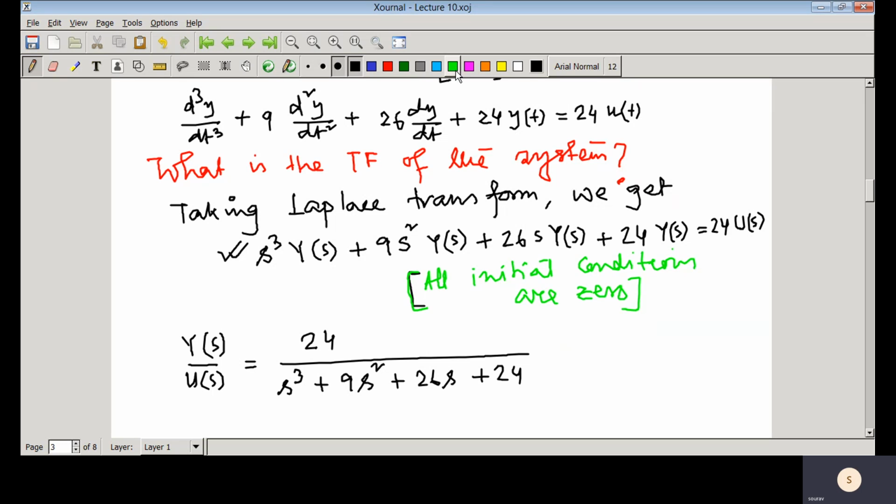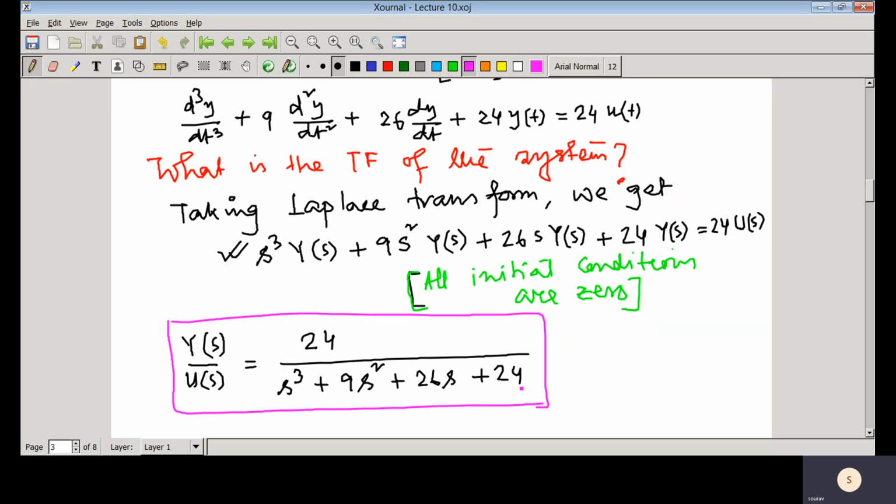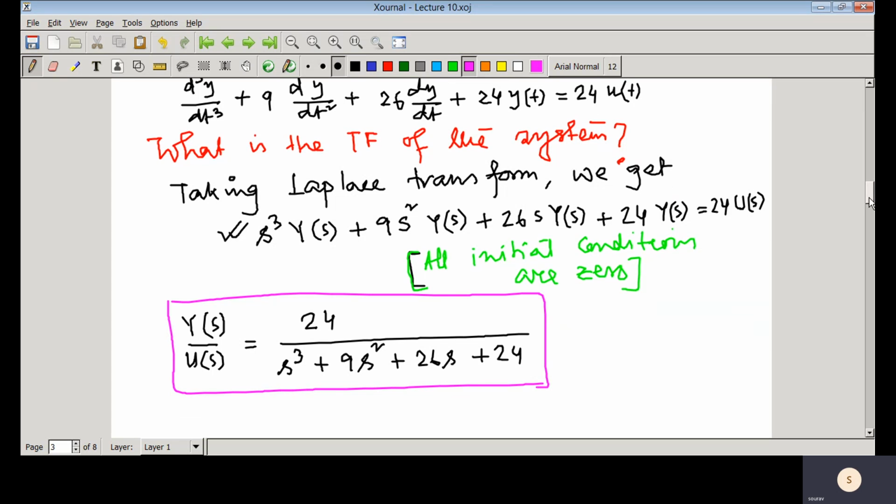So this is the transfer function you have for this particular system. And now you can see what the order of the system is. The order of the system is 3, the maximum degree of the denominator. So this is a third order system.